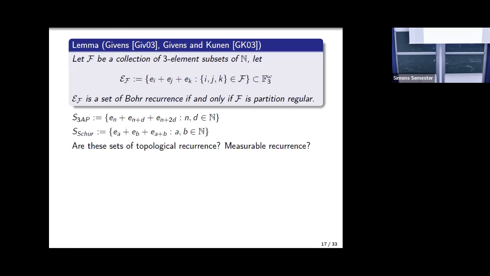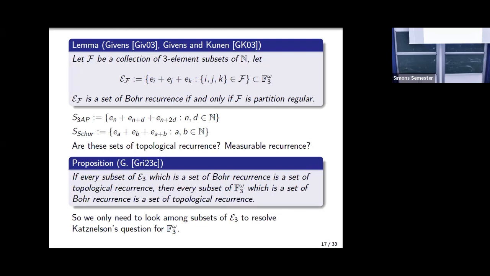Anyway, the other reason it's interesting to look at this E3 set is because it turns out if you resolve Katznelson's problem for subsets of E3, you have resolved it in general. So I proved in this paper, if every subset of E3 which is a set of Bohr recurrence is also a set of topological recurrence, then every subset of F3 omega which is a set of Bohr recurrence is a set of topological recurrence.